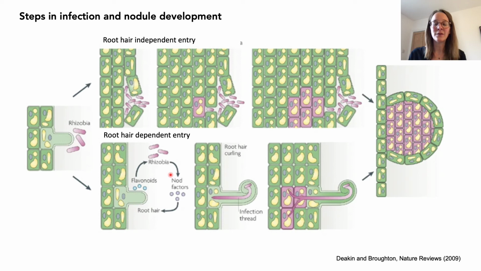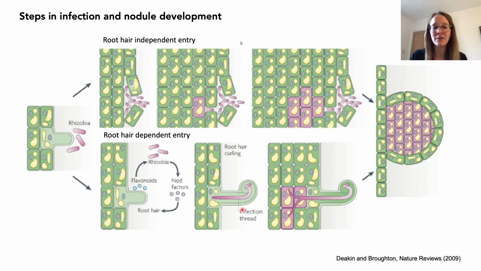The rhizobia in turn produce signaling molecules called nod factors or nodulation factors, which are very similar to the Myc factors in arbuscular mycorrhizal symbiosis. And these nod factors are then perceived by the plant roots. And what they do is they make the root hair curl and entrap the rhizobial bacteria in this curl.